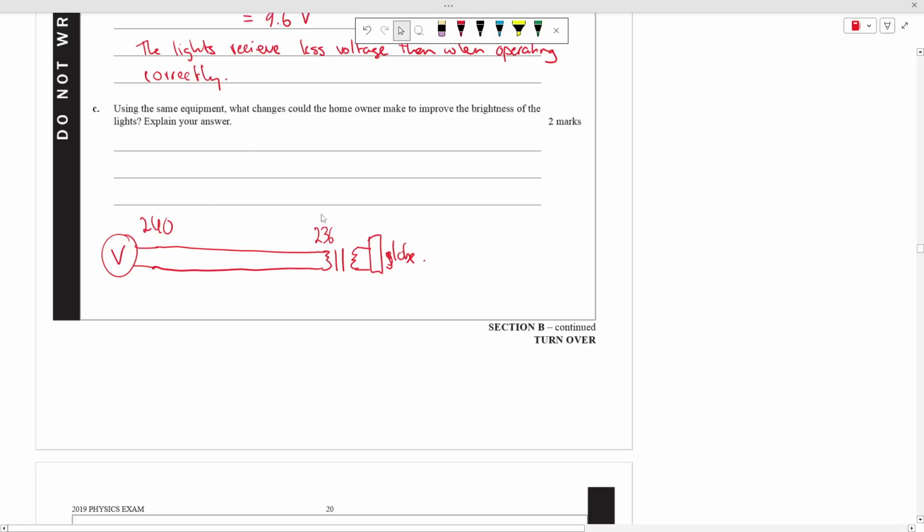So moving the transformer closer to the entertainment area, that would have the effect of, I guess, how would I phrase that?